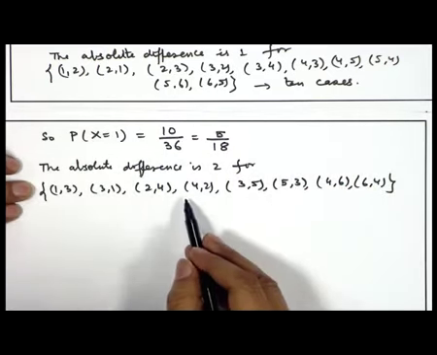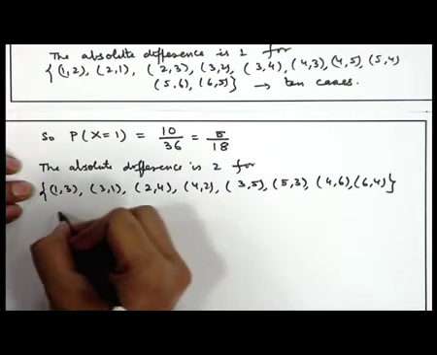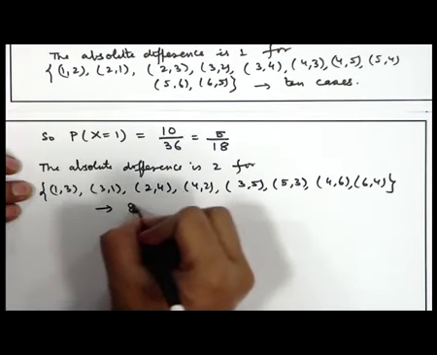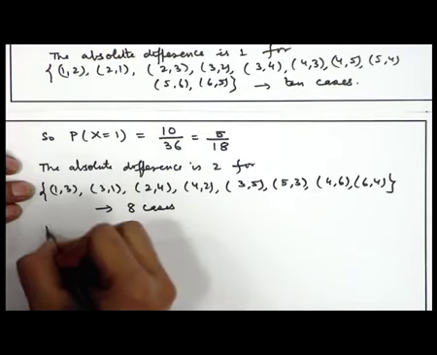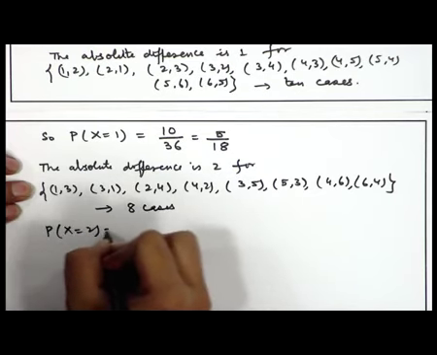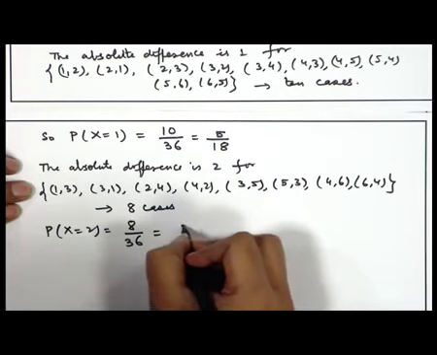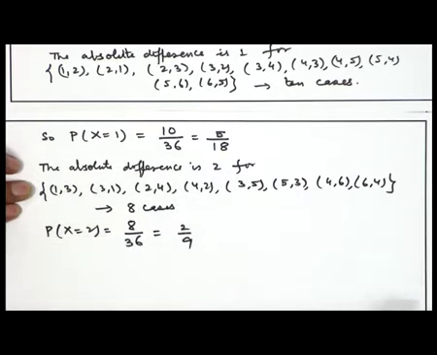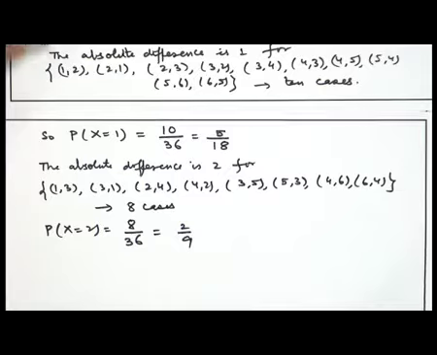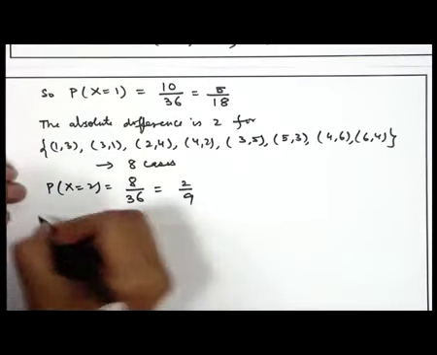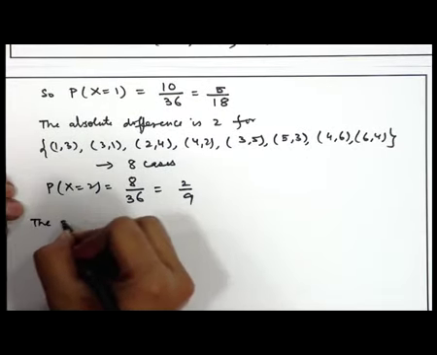So you have a total of 8 cases. So the probability that x equal to 2 will become 8 by 36, that is equal to 2 by 9. Now let us look at the absolute difference 3.